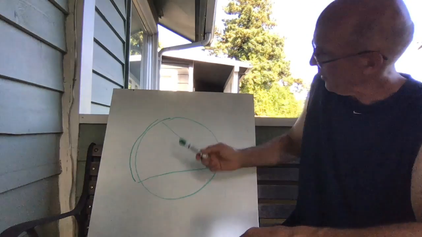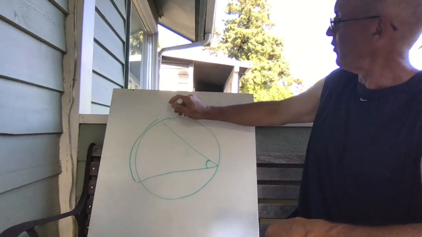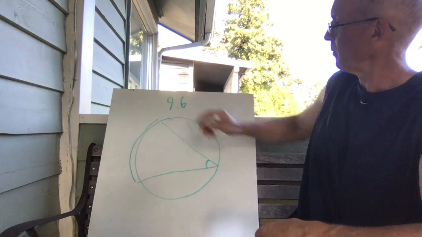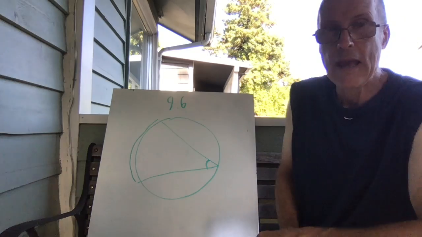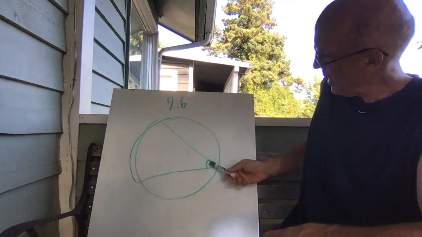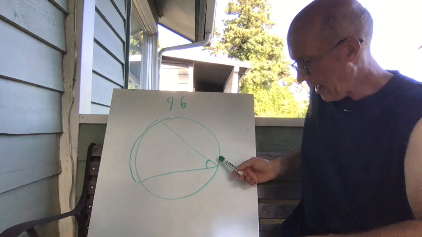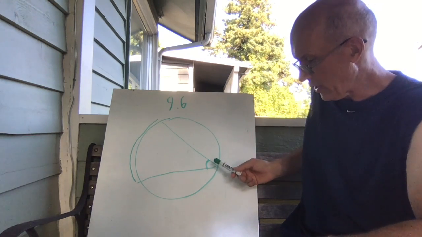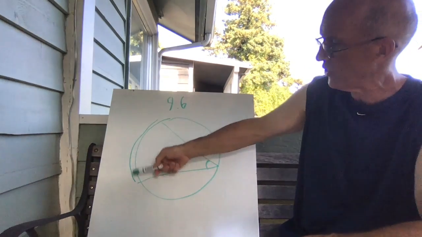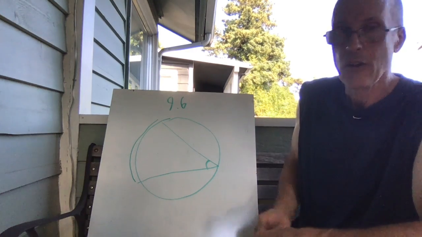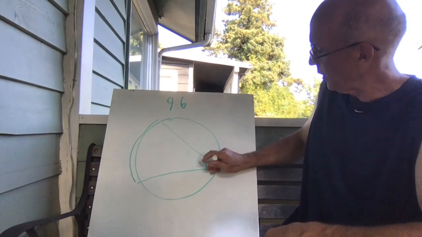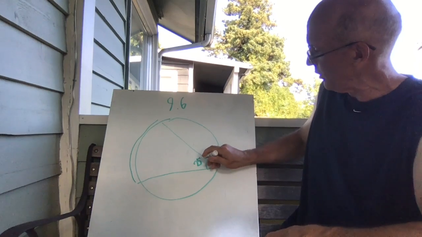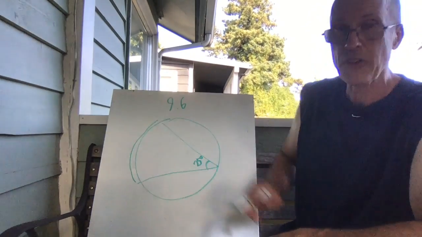So first of all, it's theorem 9.6. And it says that for an inscribed angle, the measure of that angle equals 1/2 the measure of that intercepted arc. So if I told you this angle was, I don't know, 25 degrees, then what's the measure of that arc?